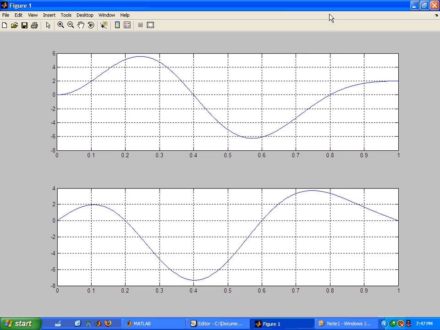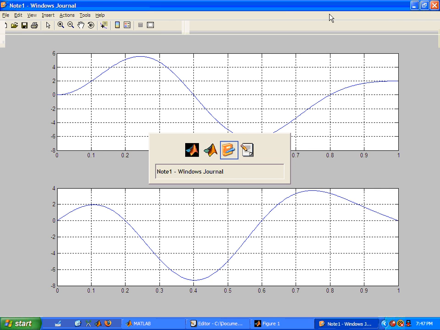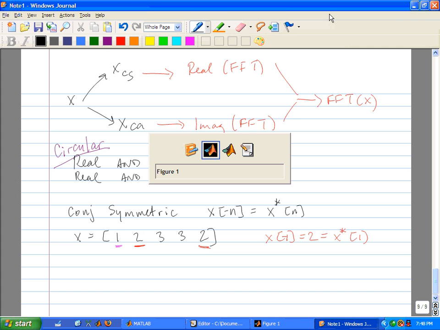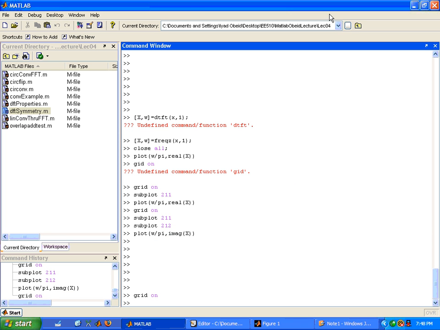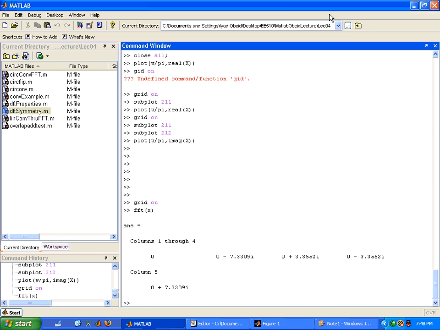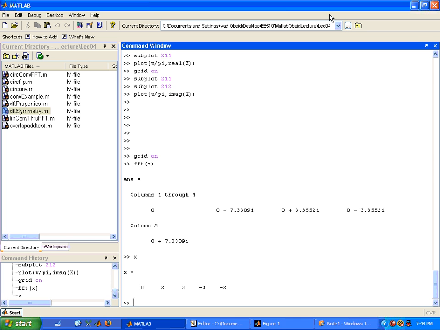Okay. Let's back up to the question for a second. I just did this example where I took the FFT of a circular odd sequence. It wasn't linearly odd, it was circular odd.